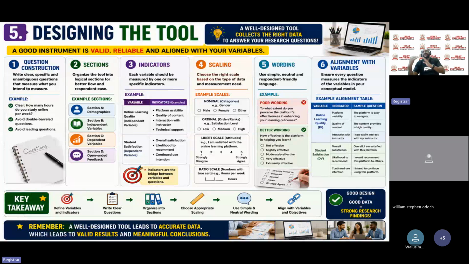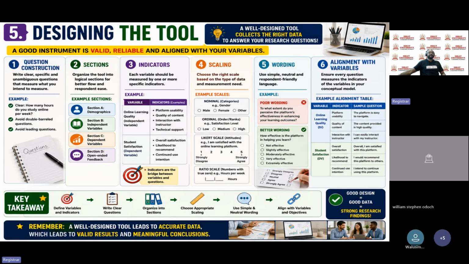Once all these are done, your instrument is almost ready to collect data. Once this is drafted, you have to check it against your variables. Do the questions ensure the indicators represent your variables in the conceptual model?